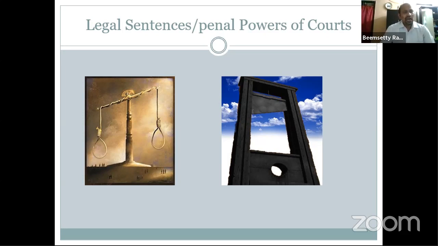Next, after Sessions Court, who is superior? Beyond Sessions Court, High Court is superior, and this is within the state, and within the country is Supreme Court, and these are called apex courts.